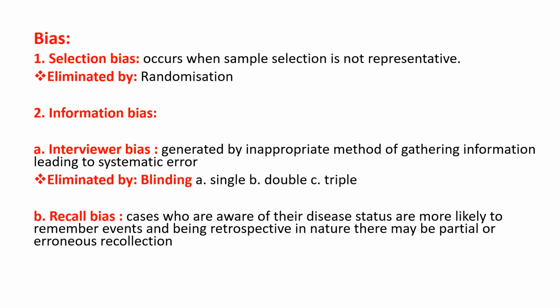For you students, it is easier to associate with the 24 hours recall method diet survey that you carry out in the community, and you often see the lady of the house sometimes is not able to recollect exactly the items, exactly the amount that they have consumed. Why? Because of the recall bias, they sometimes give you information which is distorted.